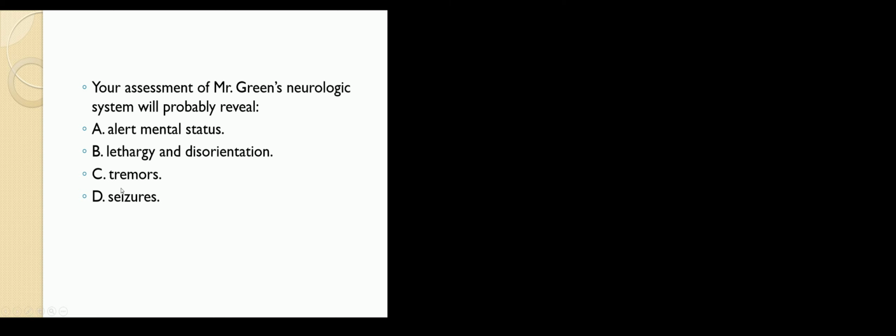Stimulation of the central nervous system. There's only one oddball one that's depressing it. That's lethargy and disorientation. And the answer is B, lethargy and disorientation. Again, that is secondary to your acidosis.